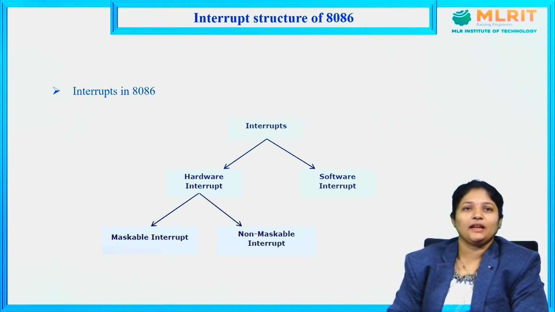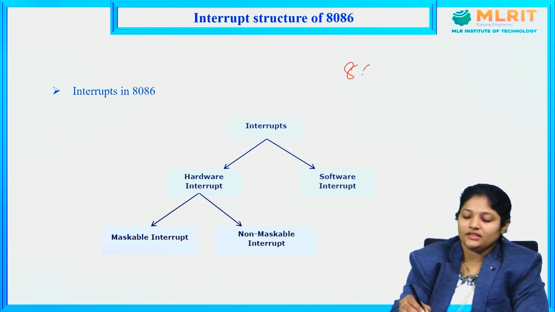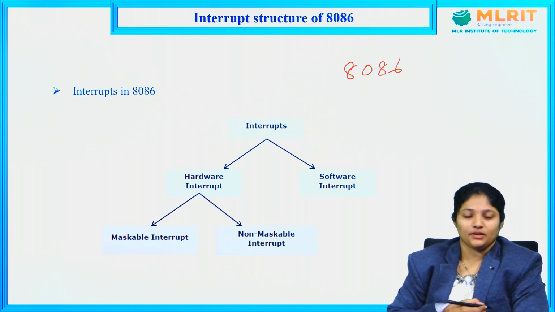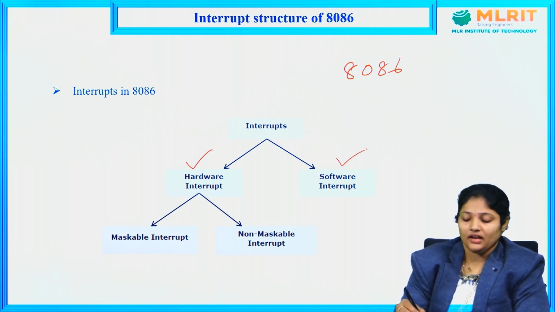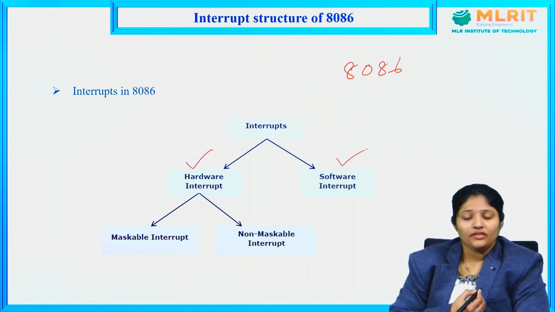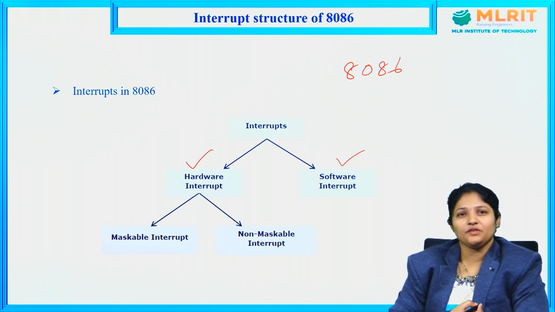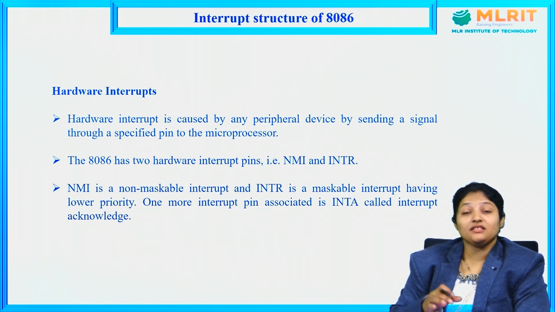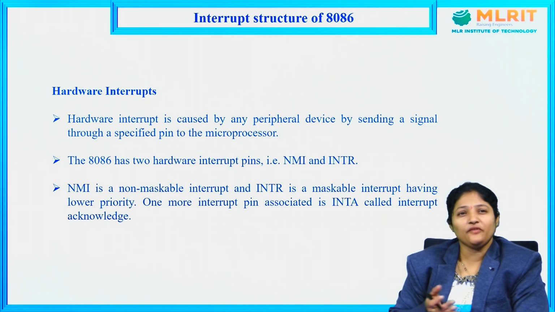Coming to the types of interrupts. In 8086, there are two types of interrupts: hardware interrupts and software interrupts. The hardware interrupts are the interrupts caused by external devices, the peripheral devices that we connect to the processor.